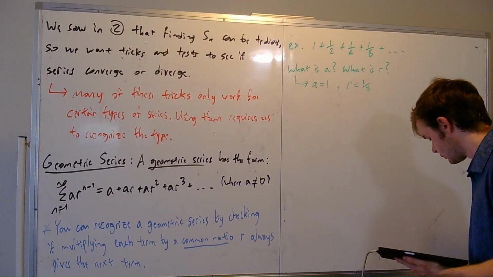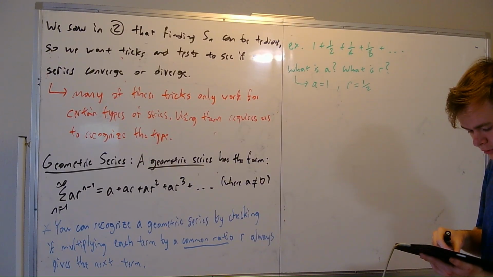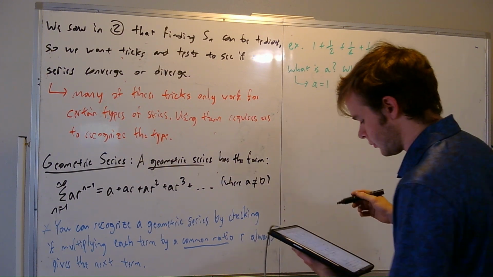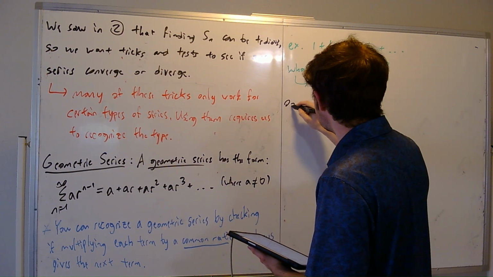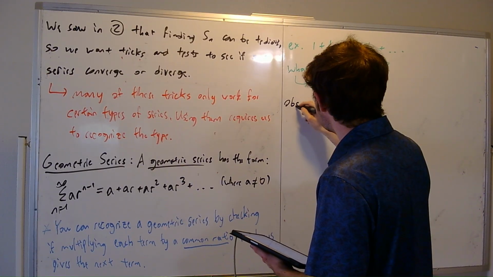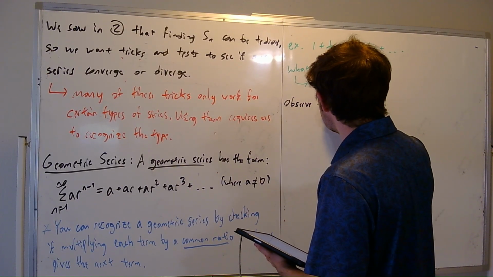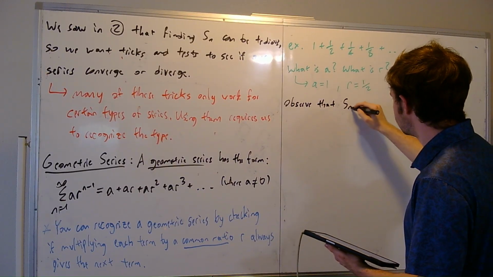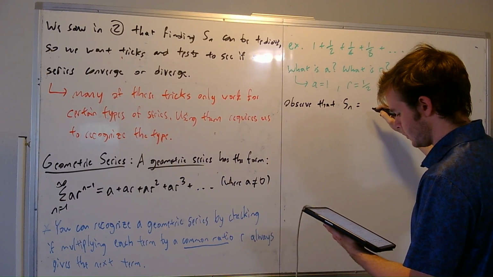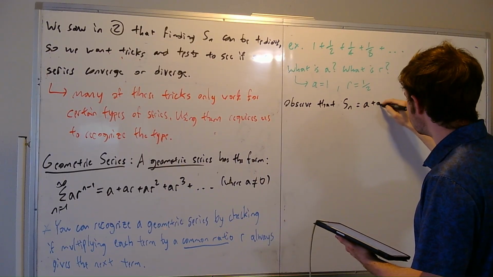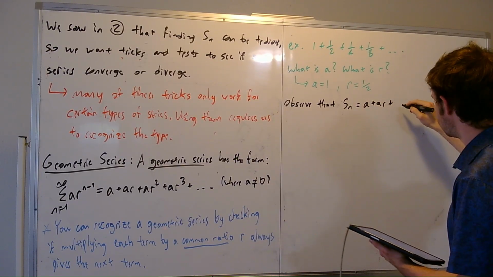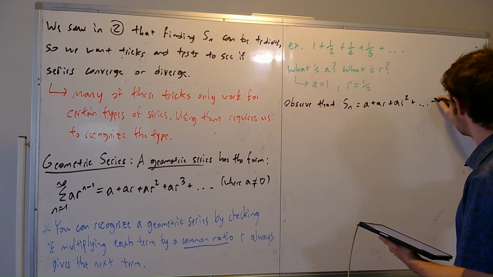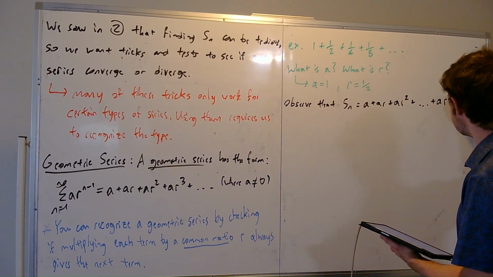Just to set us up for our next result, I'm going to say something. Observe that Sn equals a plus a times r plus a times r squared plus dot dot dot plus a times r to the n minus 1.